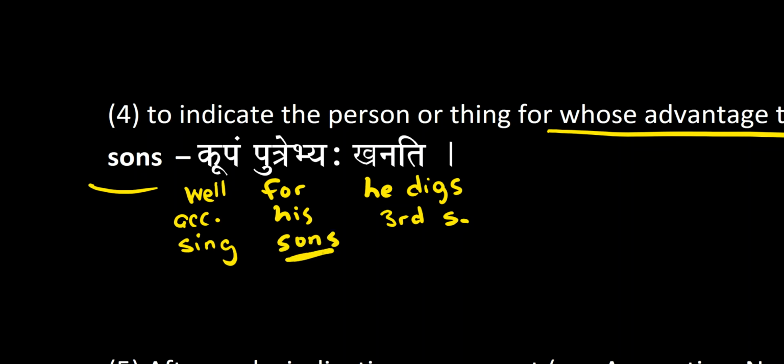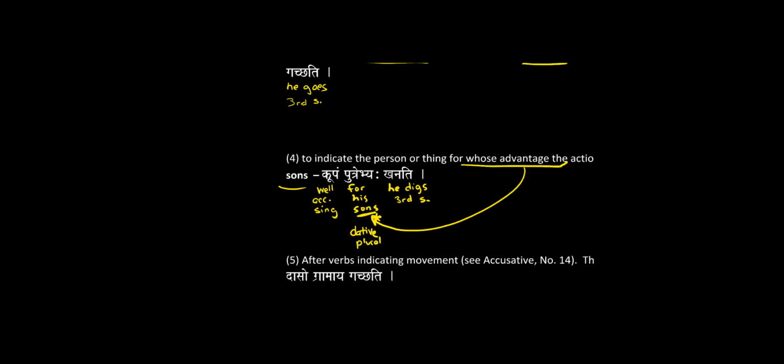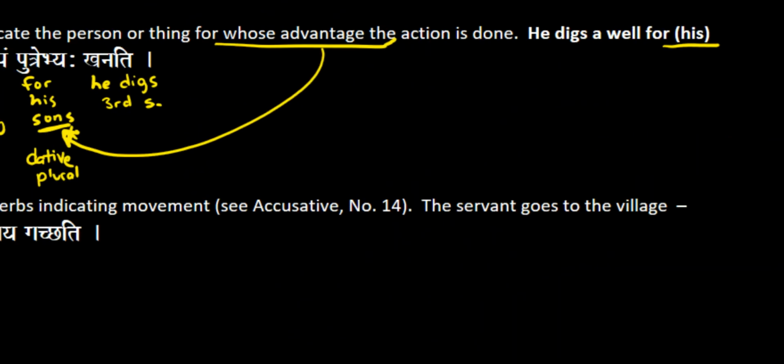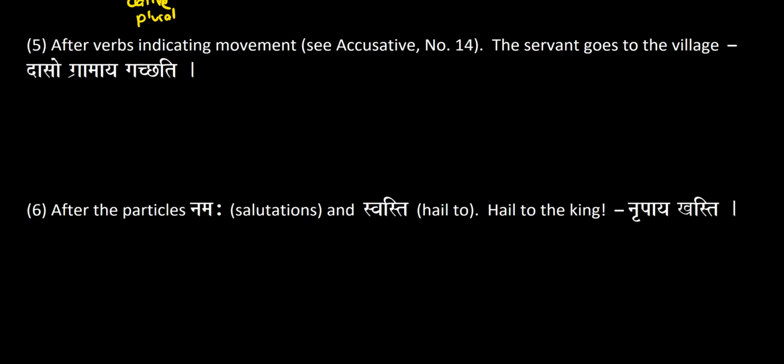The sons here are what is having the advantage in this sentence, and that's why this is going to be dative plural. Kupam putrebhyaha kanati. Again, that means he digs a well for his sons. And moving on to the next example.